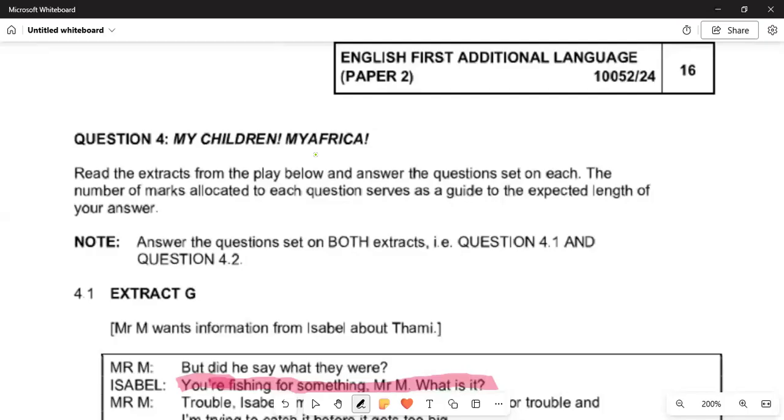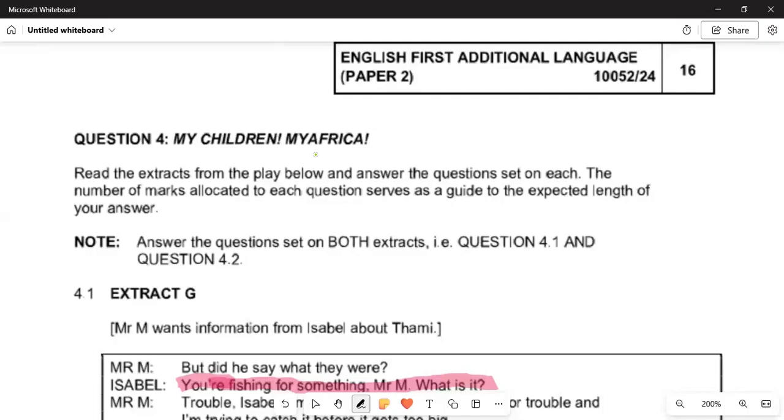Remember that Tammy Mbikwana is a student at Zolile High who wants to join the collaboration in fighting against oppression. But Tammy and Mr. M, who is also a teacher at Zolile High, sees the disappearance of Tammy. So he wants information and he is asking Isabel. Who is Isabel?